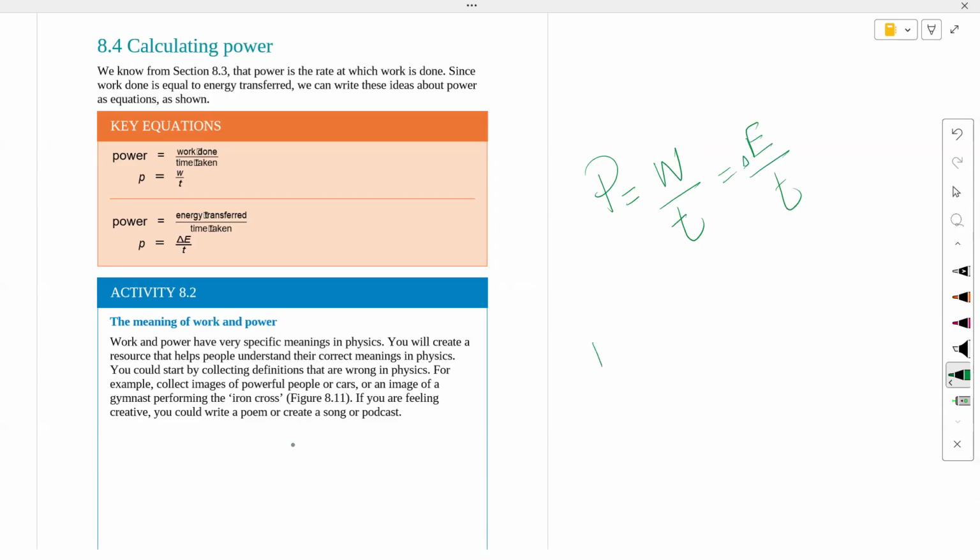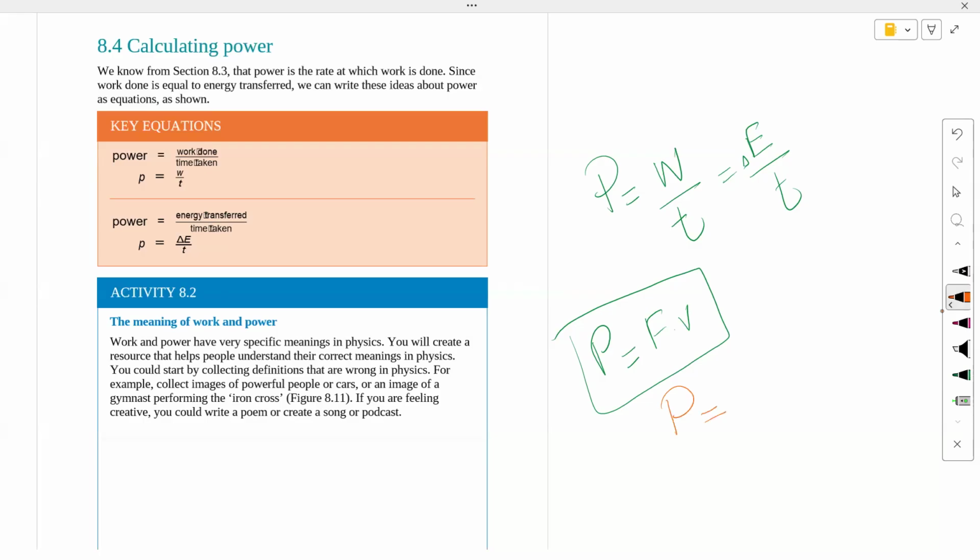And we can also say that power is equal to F into V. But how can it be equal to force into velocity?